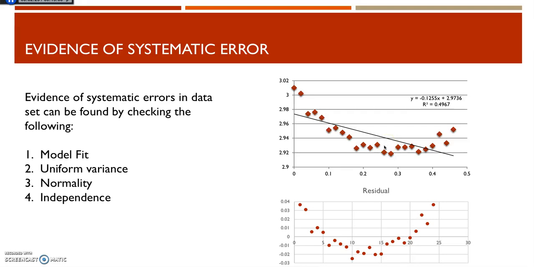So if you are fitting data that should be linear with a quadratic, then you're going to see that in the residuals. Most likely in our labs, you should have data that is linear, and if you find that it's not linear, then there was some sort of systematic error in your solution prep or in your data collection.